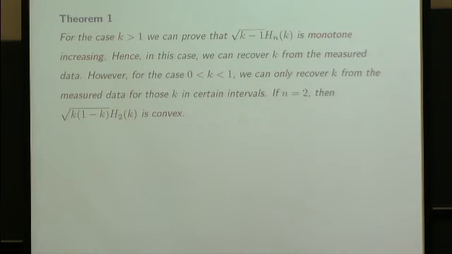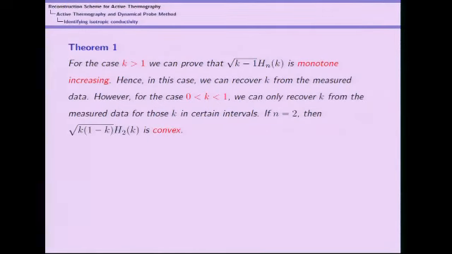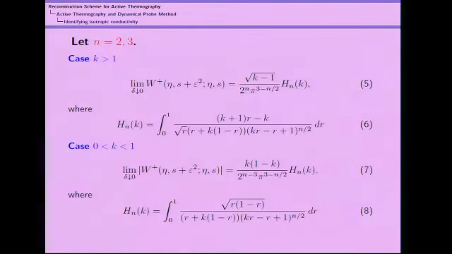However, for the case k is in between 0 and 1, we can only recover k from the measured data for those k in some certain interval. Nevertheless, for n equal 2, we can show this one, which appeared here. I'm sorry, I forgot to take the square root here.